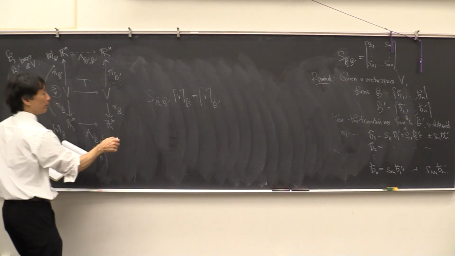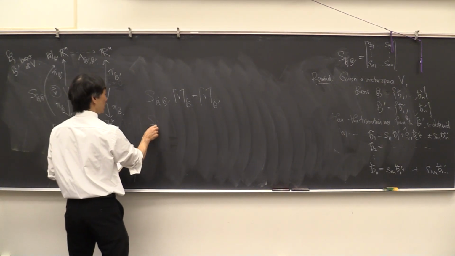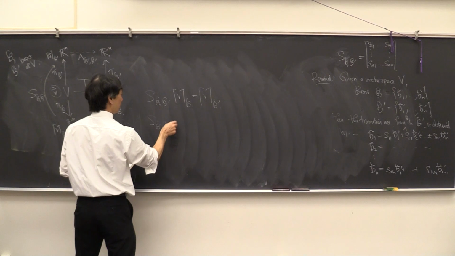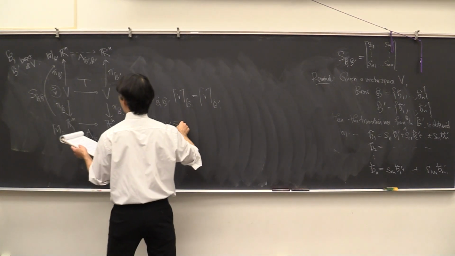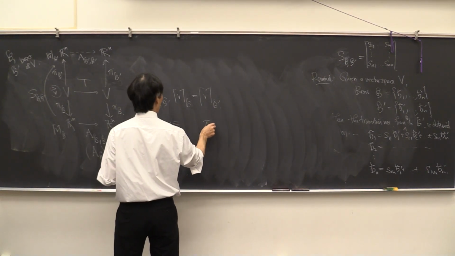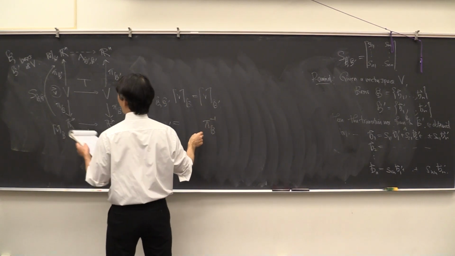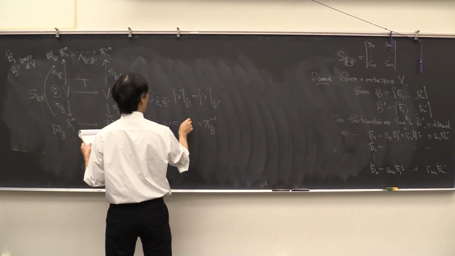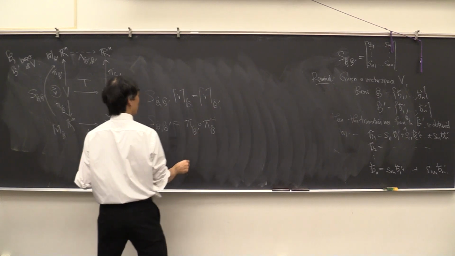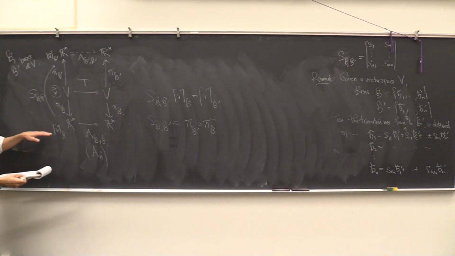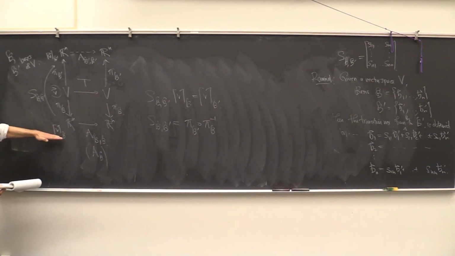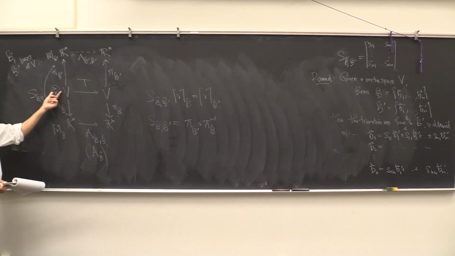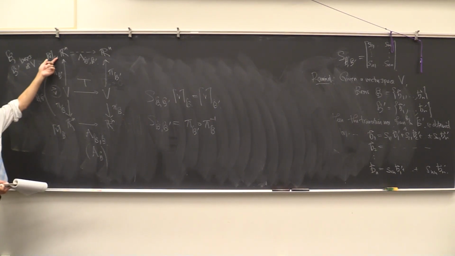So you can see, I hope, that this thing is actually the composition of the inverse of this guy with this guy. You take a vector down here, run it backwards through this isomorphism, and then run it forwards through this isomorphism.